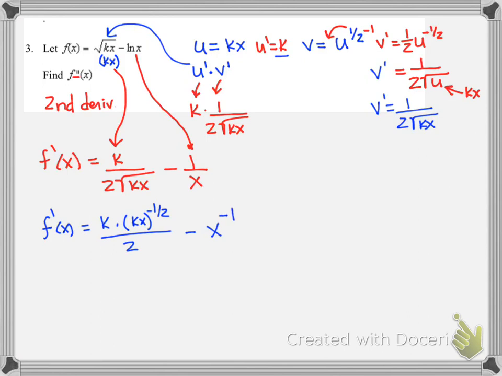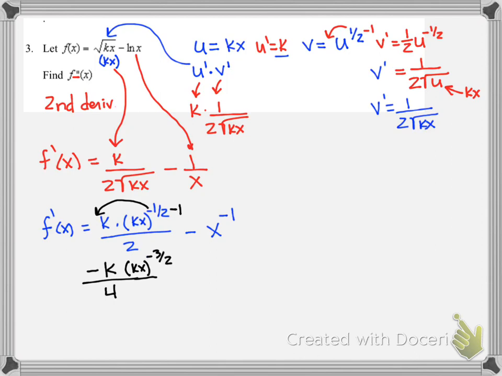Now we can apply the power rule again. This is going to come down. Negative 1k over 4, because of that 1/2, times kx. When we subtract 1, now we're going to be looking at negative 3 over 2.